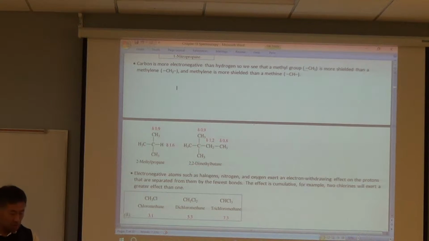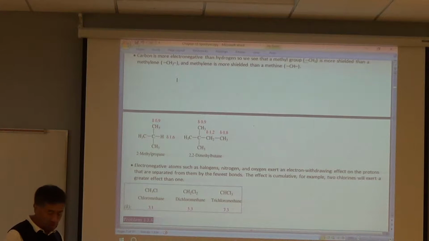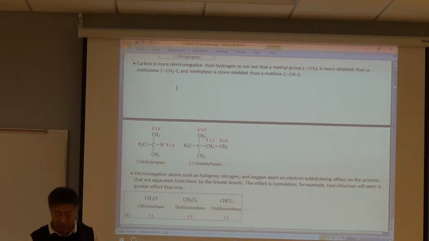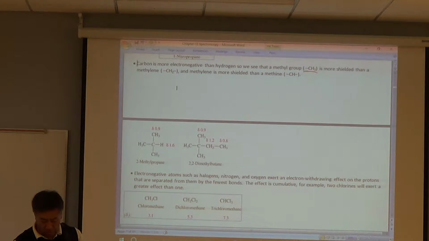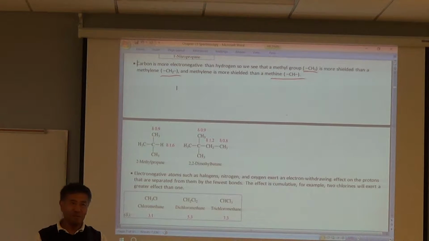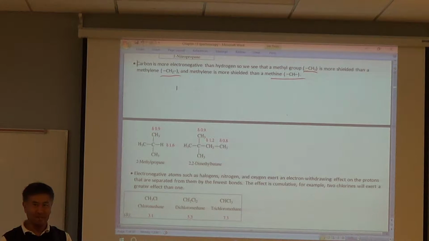Now here we'll compare methyl, methylene, and methine. Methyl means the CH3 group, methylene is CH2, and methine is CH. That means you have that H, and you see how many other H are nearby. Just compare H with carbon, for example.